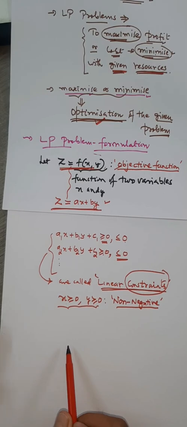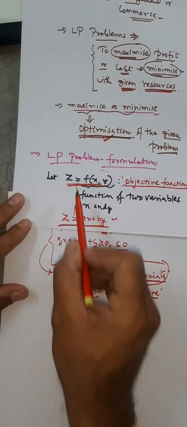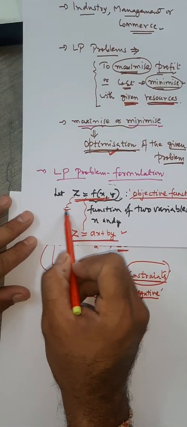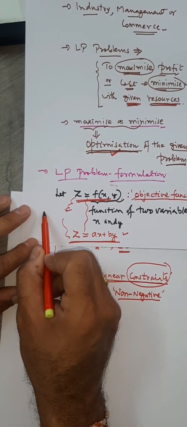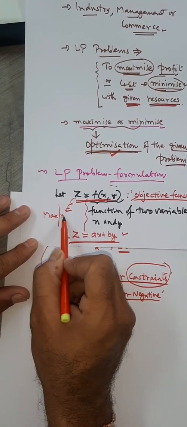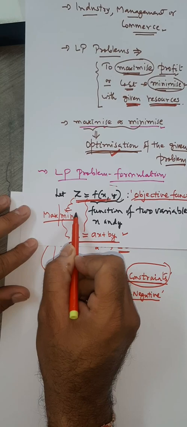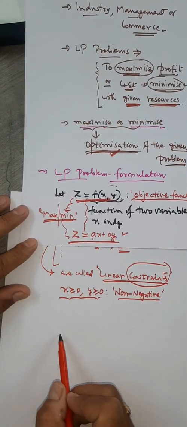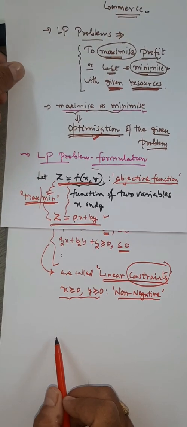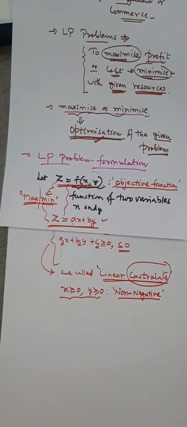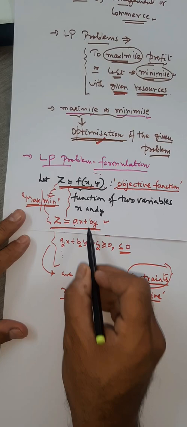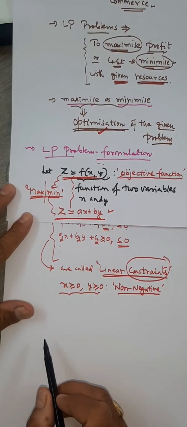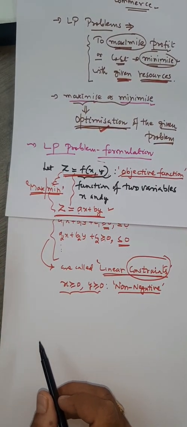Now the question is how to maximize or minimize this function. This is our main objective. Either you maximize this function or you minimize this function. Every time you will be having either the maximum value of this function or the minimum value of this function, which is called optimization. Now the question is how to maximize or minimize this objective function. There are a number of ways.